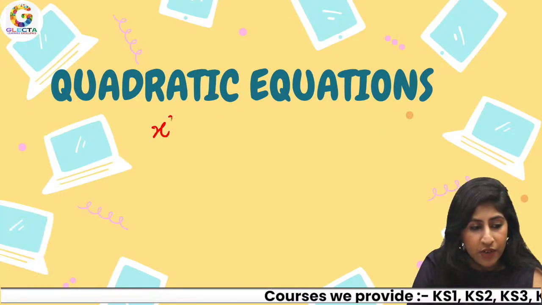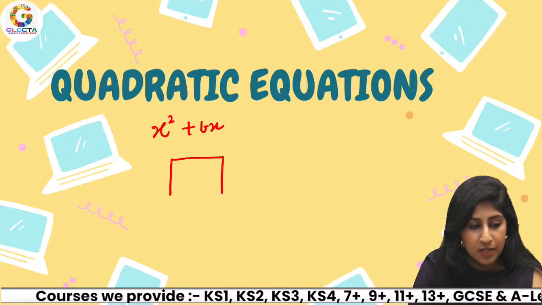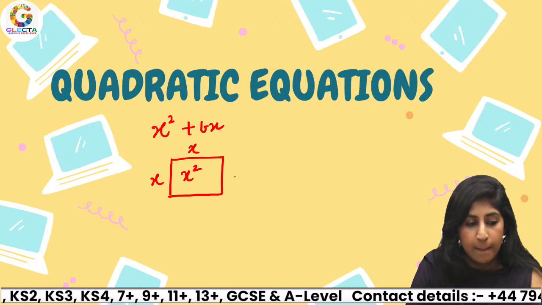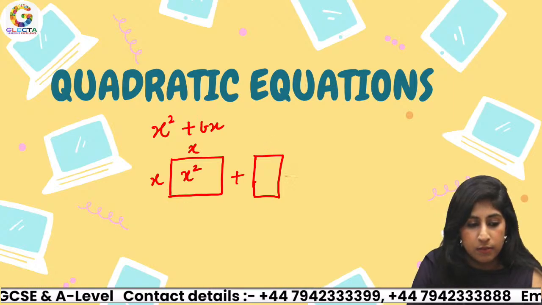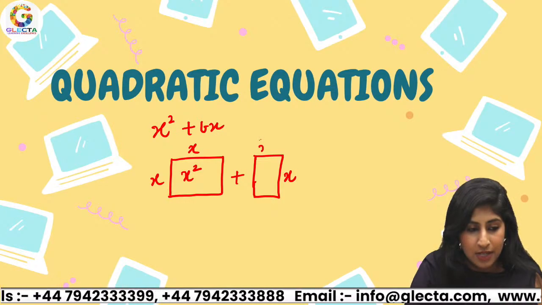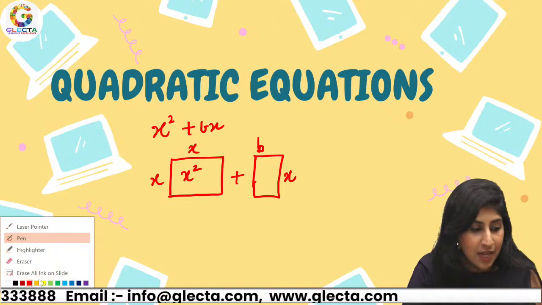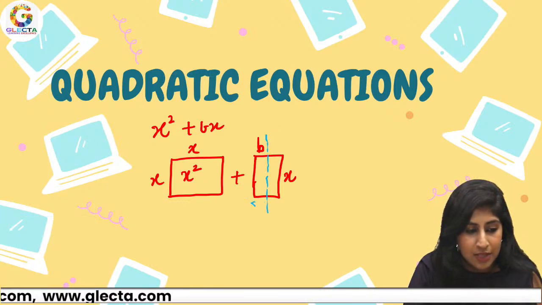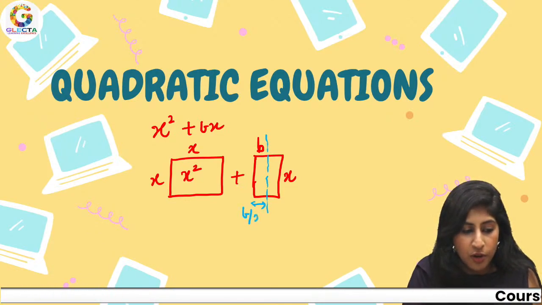So if I want to solve x squared plus bx, x squared means x times x, plus, let's say I'm taking a rectangle with the width the same, x, and this over here is b. Now what I can do is split this other rectangle in two parts, so that this small length becomes half of b.